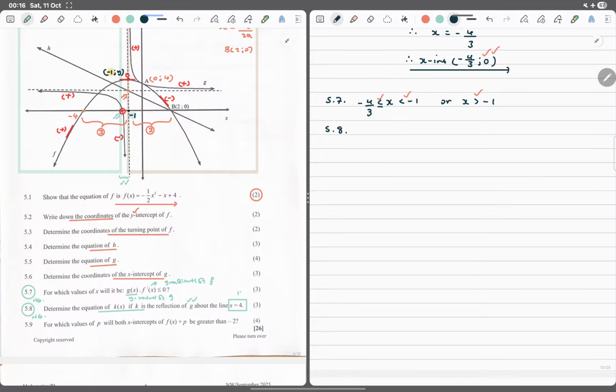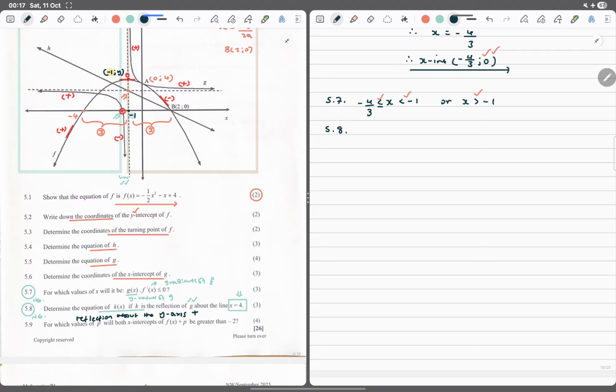Now guys, what are we supposed to do here? Now here's the most important thing. When we do a reflection of a graph, essentially across a vertical line that is not exactly the y-axis, there's 2 transformations that take place here. First is a reflection about the y-axis, right?